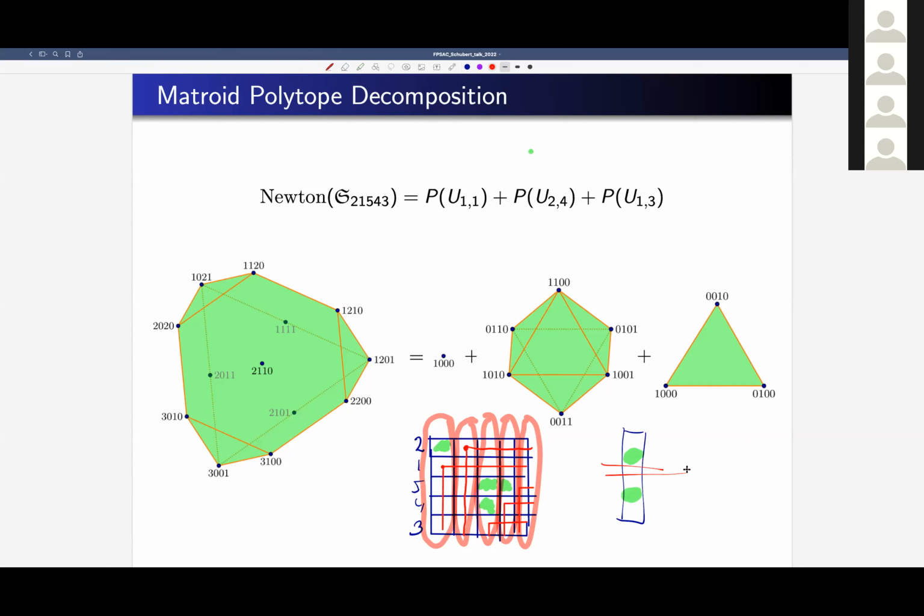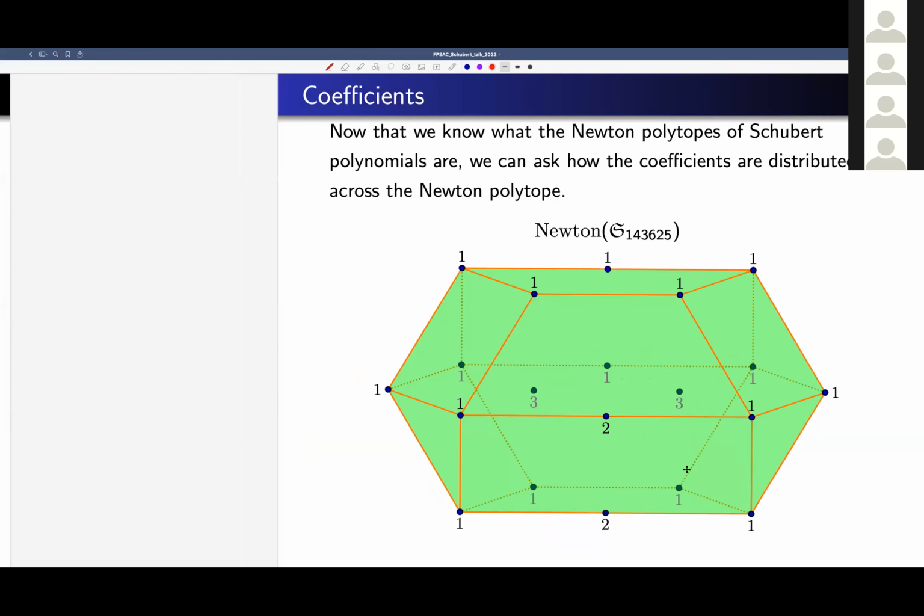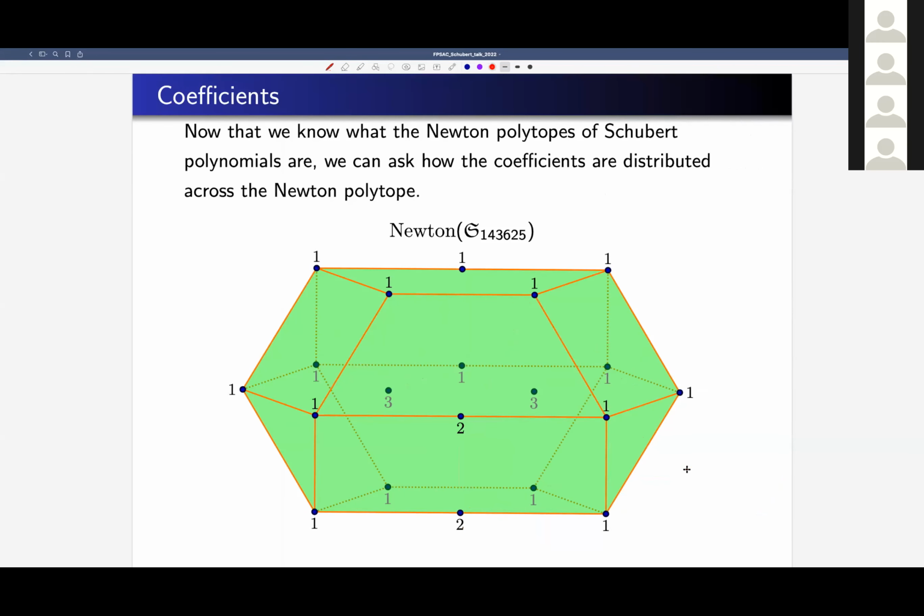So that won't be a uniform matroid, but there's still a matroid polytope there that we are summing. Matroid polytopes are generalized permutahedra. The Minkowski sum of generalized permutahedra is a generalized permutahedron, and that's effectively done. So we know an exact description, based on the Rothe diagram of the permutation, of the Newton polytope of the Schubert polynomial.